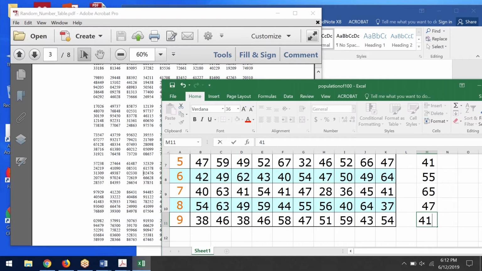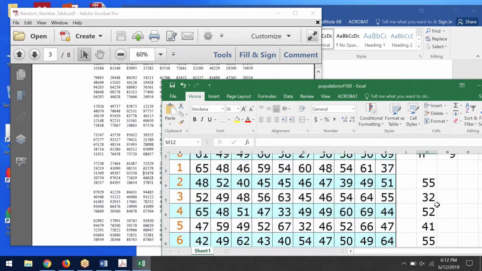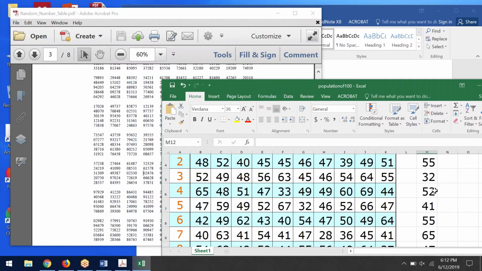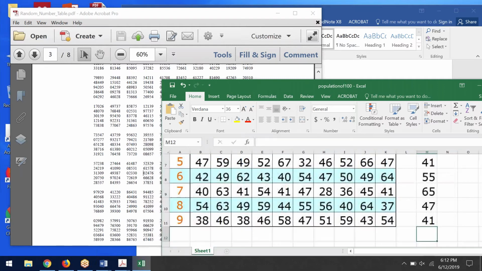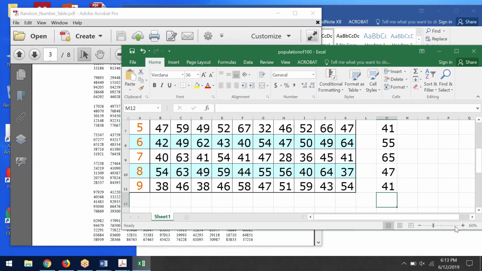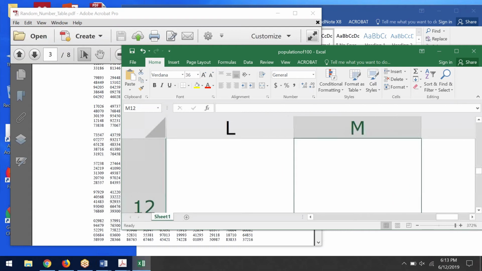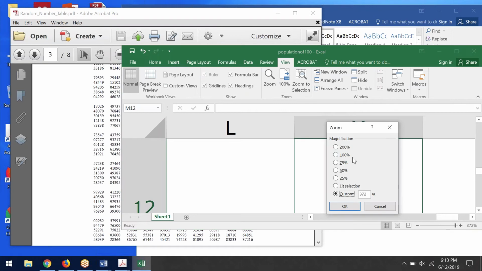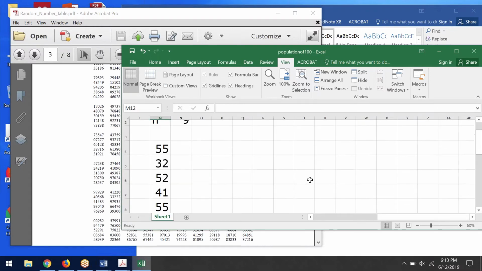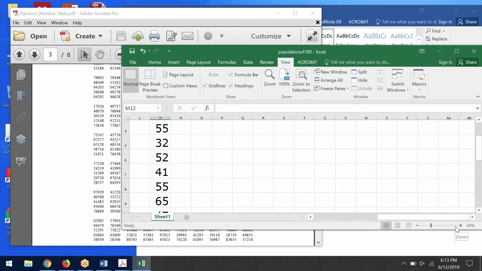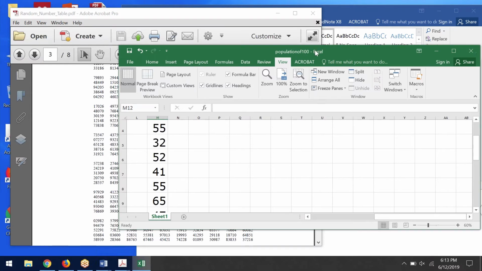How many do I have so far? I got 1, 2, 3, 4, 5. I think I got 7. I need to expand this so I can see it. I can't get to the corner.